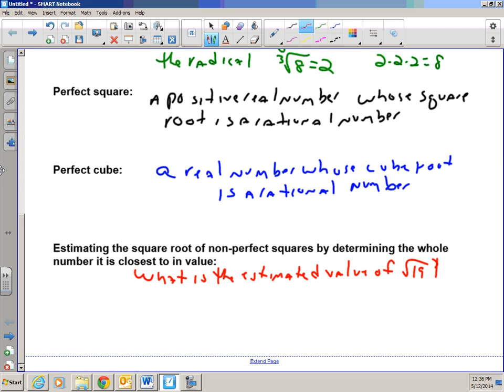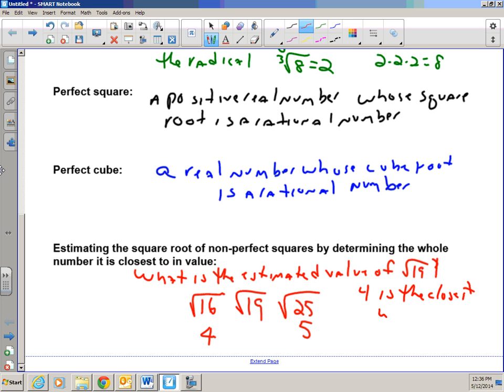Well, we take a look and we know the perfect square below it is square root of 16. The perfect square above it is 25. So radical 19 is between the two of them. So this is 4. That's 5. It's closest to 4. So 4 is the closest whole number.